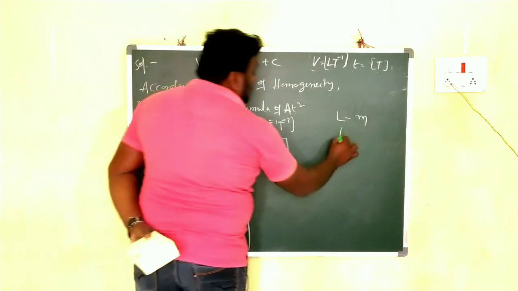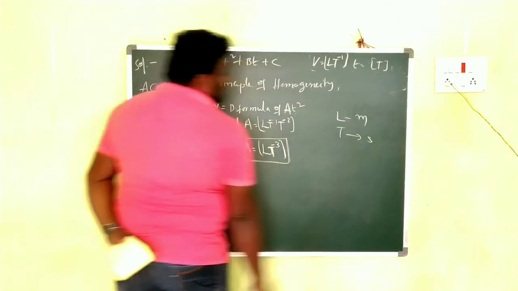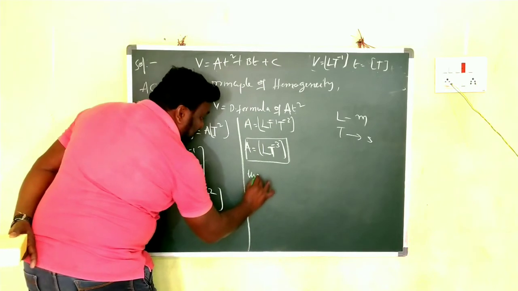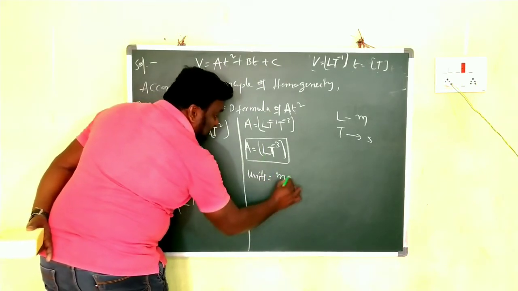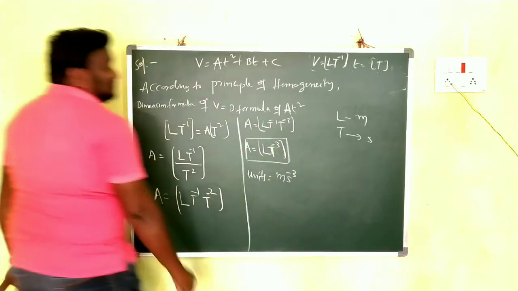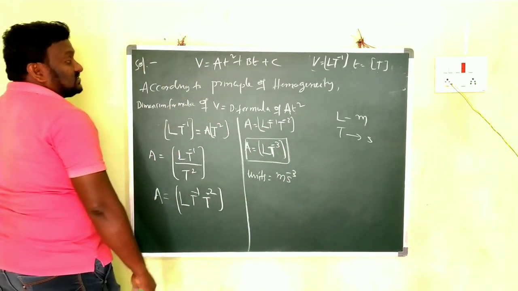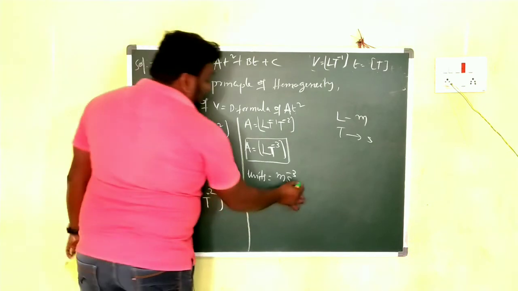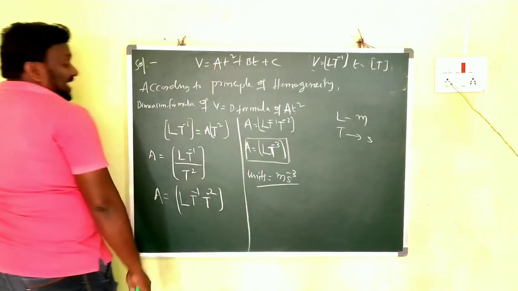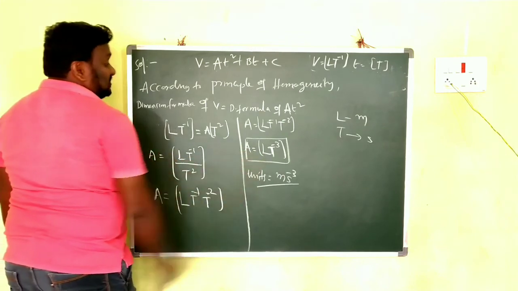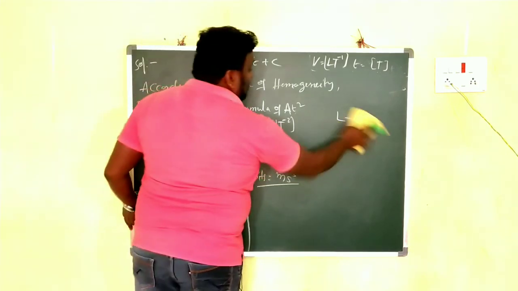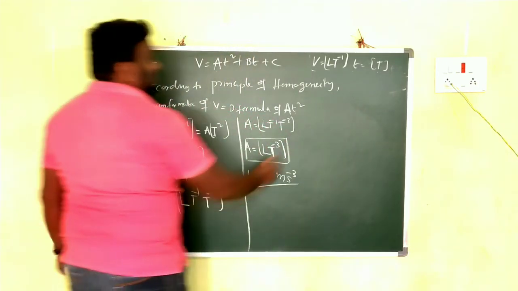And T is time, its unit is second. So the units are meter second inverse 3. So this is the dimensional formula of A and its units. Clear children? And next, children, we have to take the same thing.